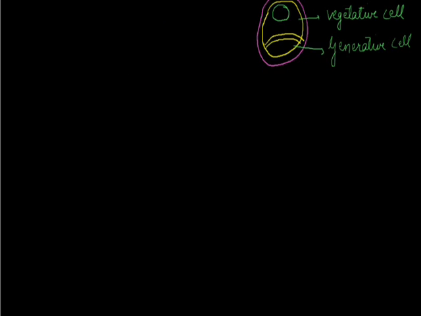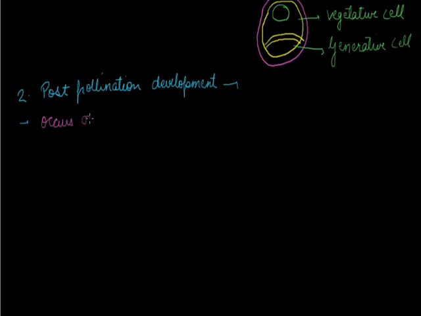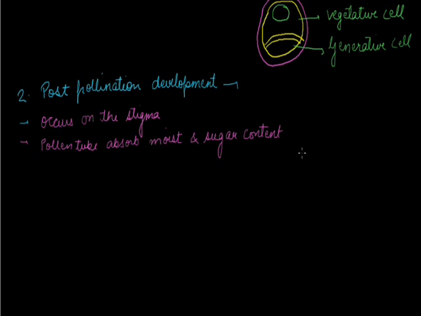Now we are dealing with post-pollination development. In post-pollination development, what occurs? It basically occurs on the stigma. The pollen grain absorbs moisture and sugar content from the stigma.